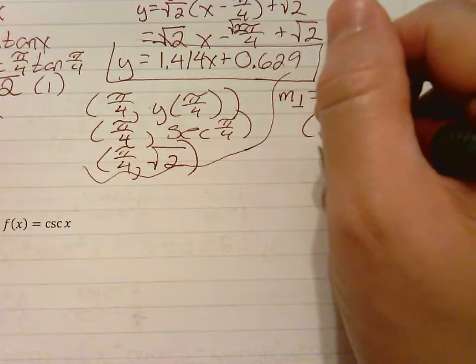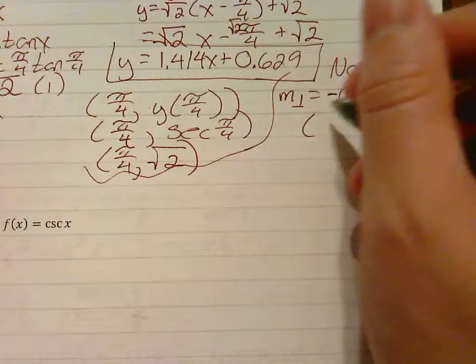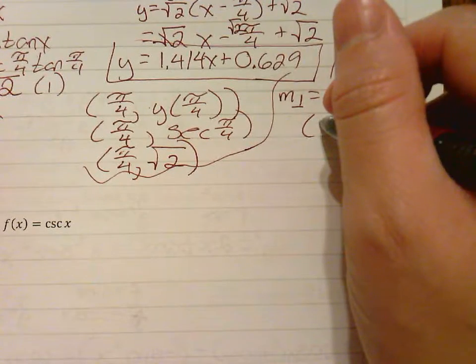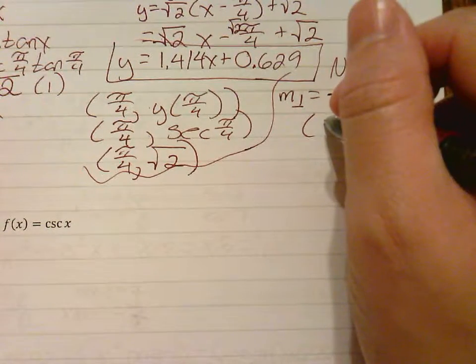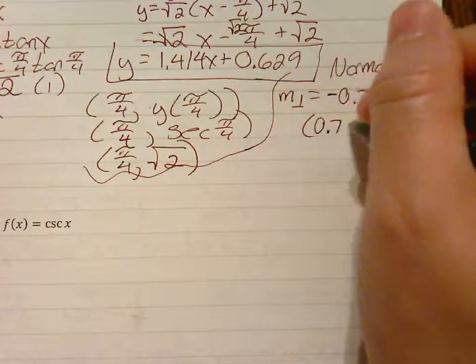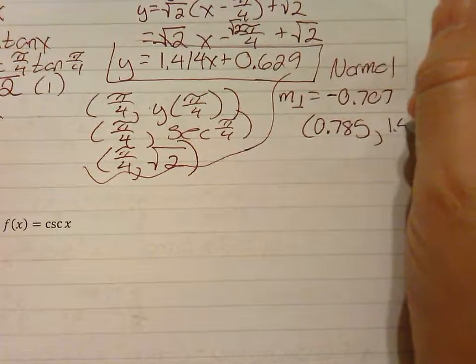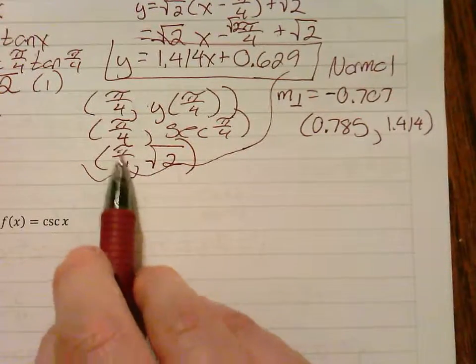And you're still working with the same points, which is going to be pi over 4. Pi over 4 is actually 0.785. And square root of 2 is 1.414. Again, you just use your calculator. I'm just putting this into decimals.